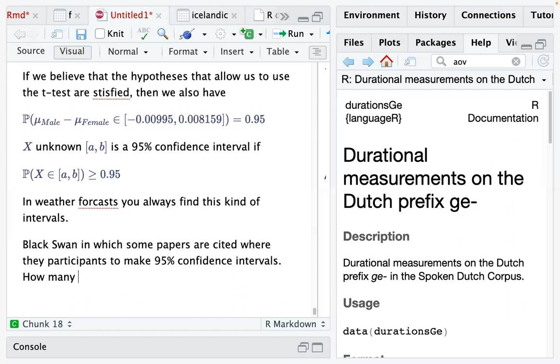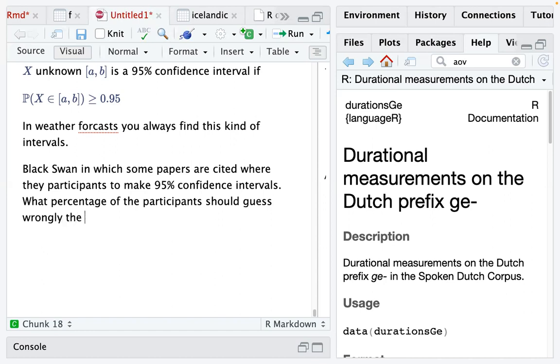How many of the participants, what percentage of the participants should, I don't know, guess the confidence interval wrongly, if they do it correctly?